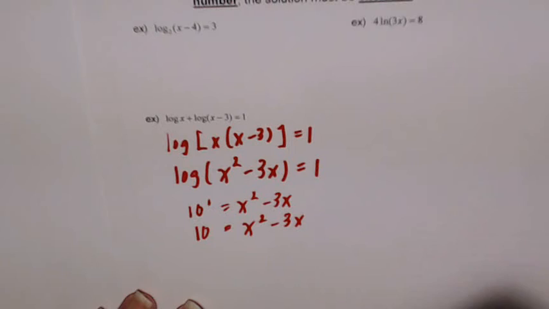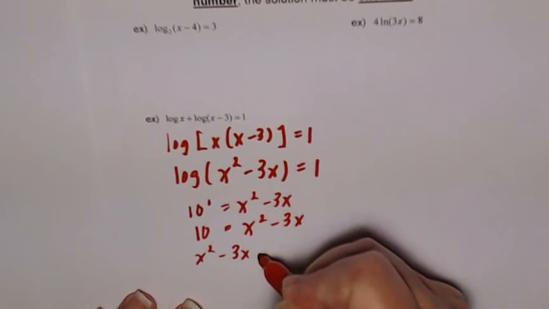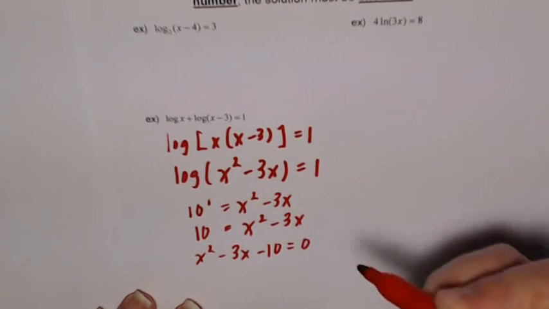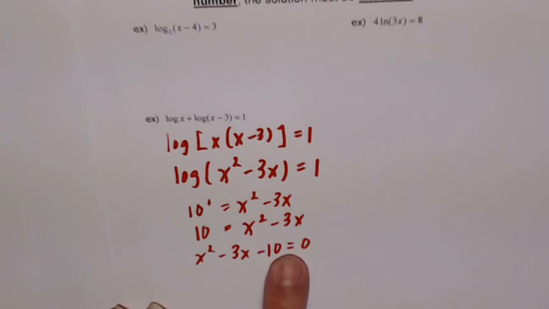Now, recognizing we have a quadratic equation, we need to see a 0 on one side. So let's rewrite this as x squared minus 3x minus 10 equals 0. I subtracted 10 from both sides and just flipped it because I like to have my 0 on the right for whatever peculiar reason.